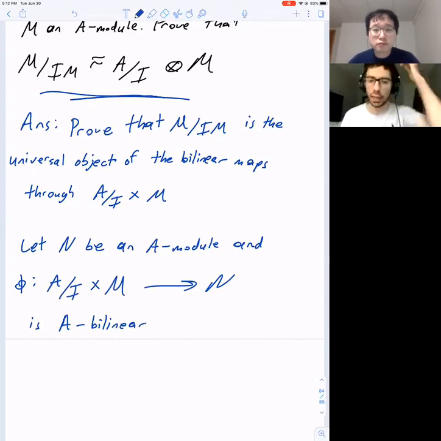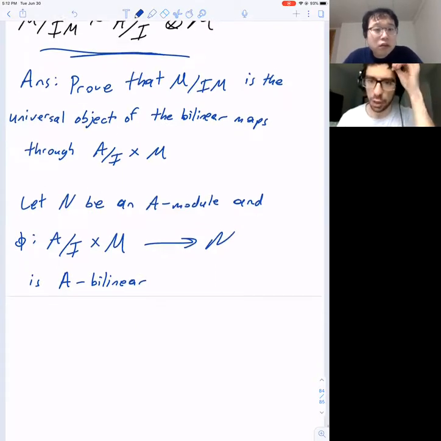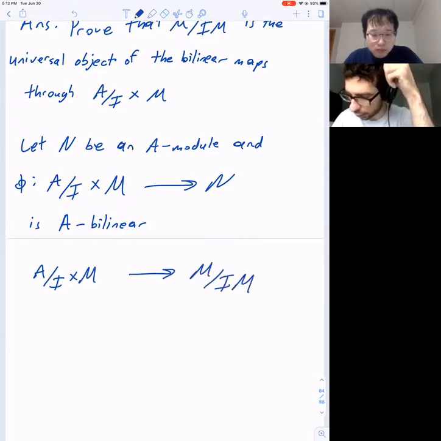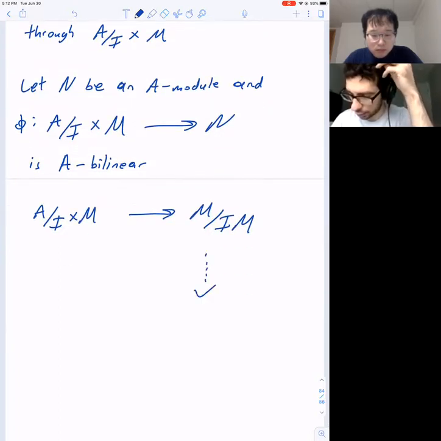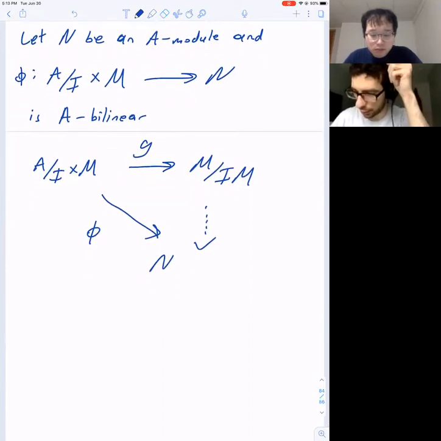Suppose it is A bilinear, so I want to prove M mod IM is the universal object of A mod I cross M. I want to prove that phi factors through M mod IM, and so there will be a map I have to define and show that it factors through. So I need to prove A mod I cross M goes through here, and there is a unique map through N this way, such that we have commutativity.